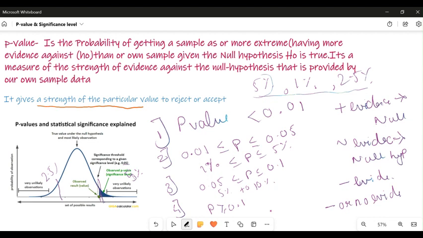If it is greater than 10 percent, that is 0.1, we have weak or no evidence against the null hypothesis. So these are the four different conditions that come into the picture again and again when we are testing hypotheses.